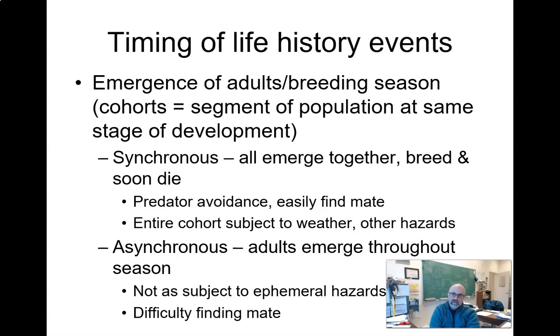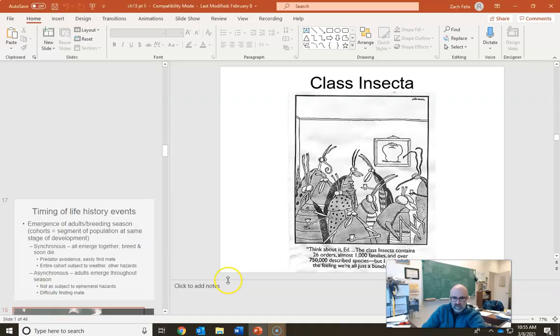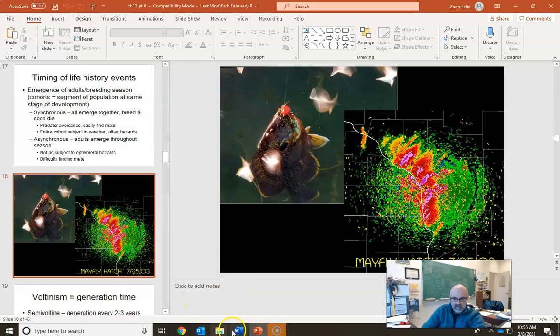When those adults emerge from the ground or from the water to congregate and breed, it can fall into two categories, either a synchronous emergence or an asynchronous emergence. So let me just show you a pretty extreme example of the synchronous, together emergence that we see in insects.